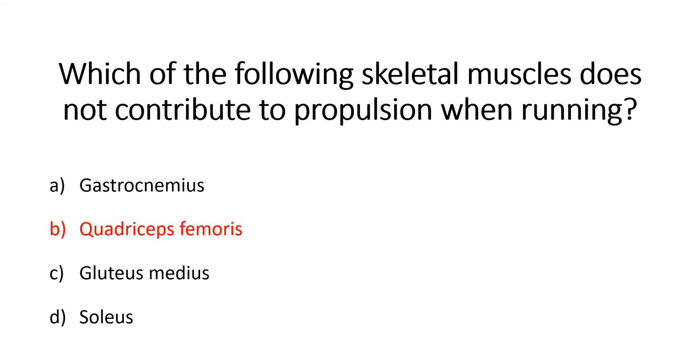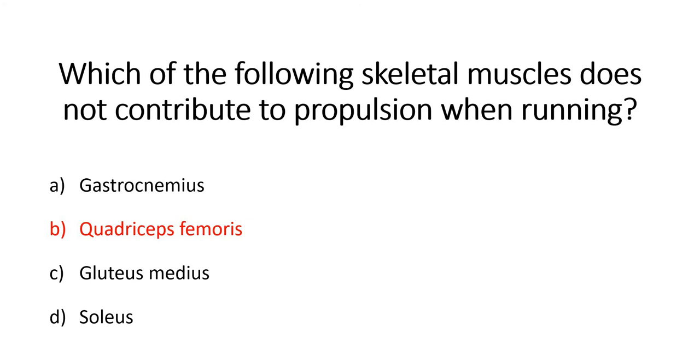Obviously they bring the leg forward, or they position the foot forward during the swing phase, but the quadriceps during the stance phase are mainly there for stability. The gastrocnemius and the soleus are your primary propulsive muscles, and it's been shown that the glute medius plays a tiny role in propulsion, but still more so than the quadriceps, which is there just to keep the knee stable and to keep your body upright.